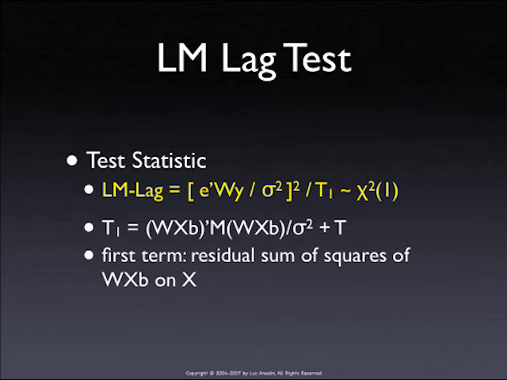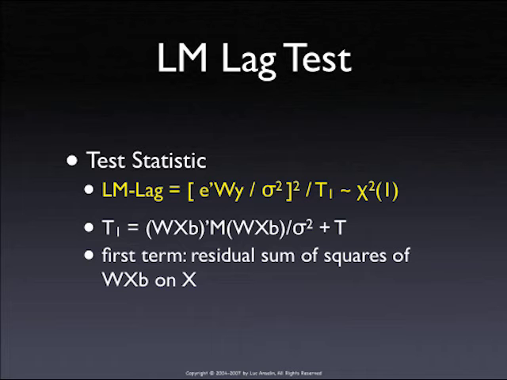So WXB, XB is the predicted value in the regression. W makes that into a spatial lag. And this M is our projection matrix, and WXB prime MWXB, if you work out the algebra, is in fact the residual sum of squares. So you can get this by running an extra regression, or you can do the matrix algebra.